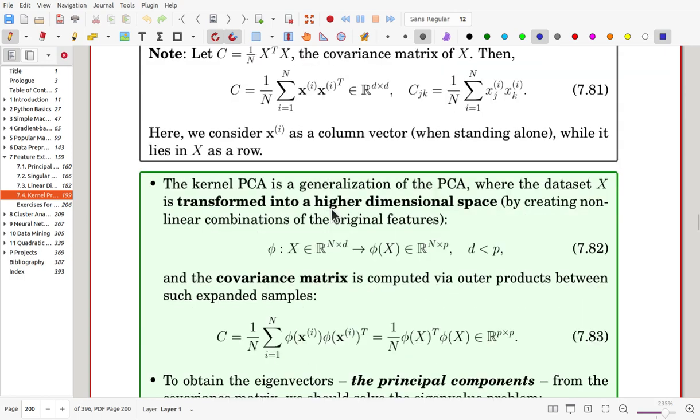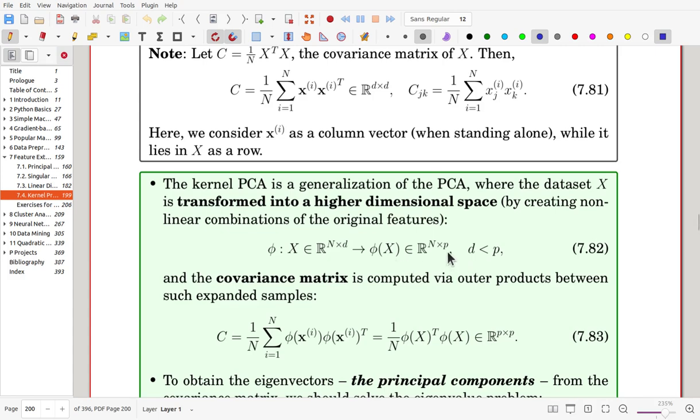Now, kernel PCA is a generalization of the PCA. First the data set is transformed into a higher dimensional space, as in kernel support vector machines, where we transform the data into a higher dimension.